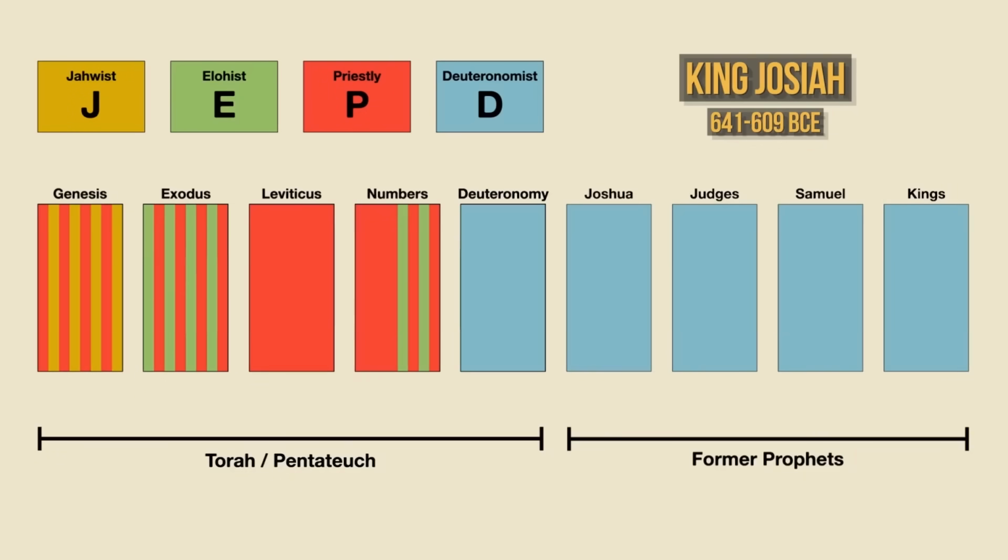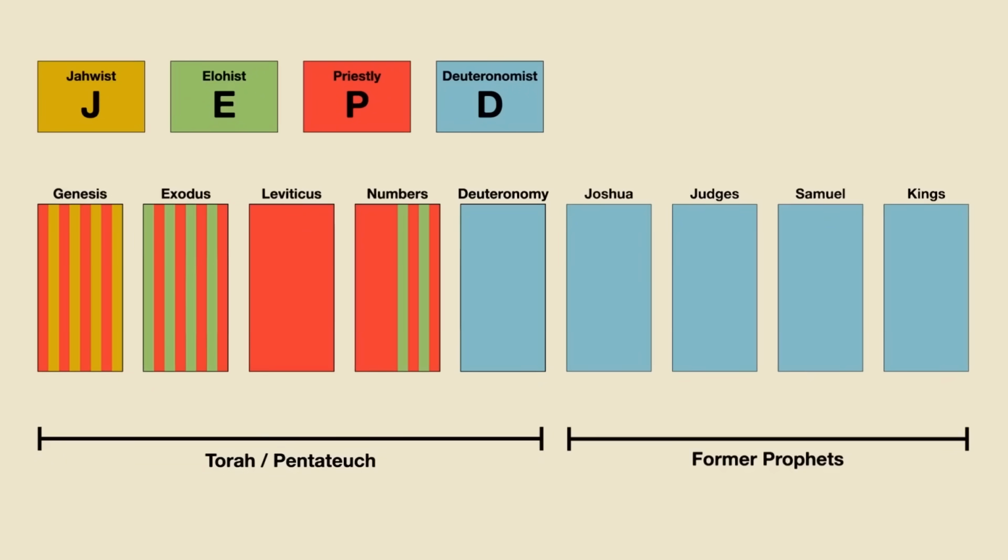However, please note that the 5 books shown here in blue, all written by the Deuteronomist school, were not fully completed during the reign of Josiah. In fact, scholars think that there are at least 2 layers within D, the first being written during Josiah's time, and the second being written later, after the fall to Babylon.